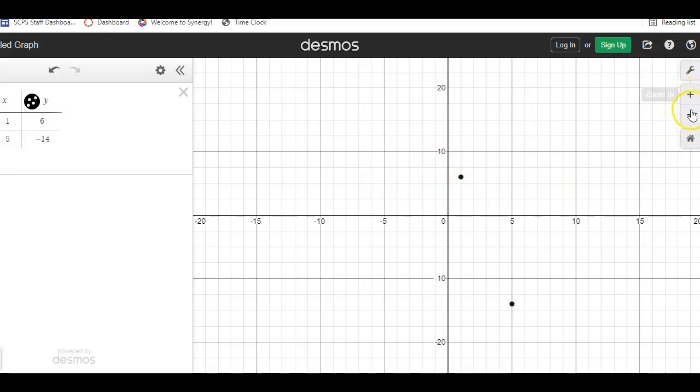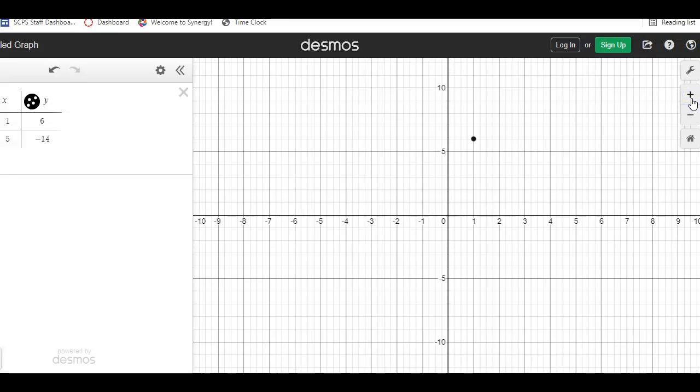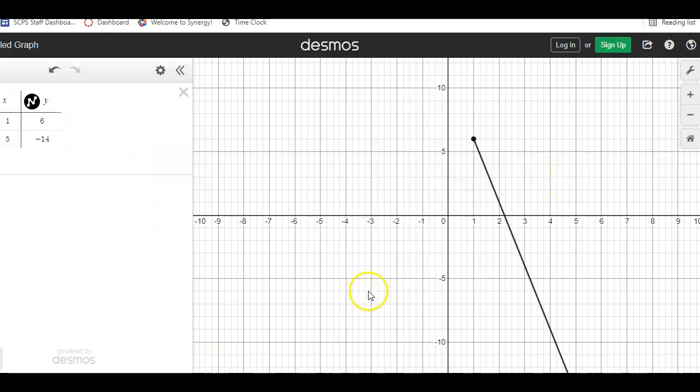Or we can zoom out, zoom in. You want to make sure that you have individual points that you can count. So you can come up here and connect our points. If you hold that button down, you can have a line, and then you would be able to actually count your slope.